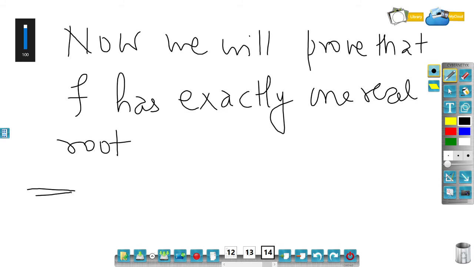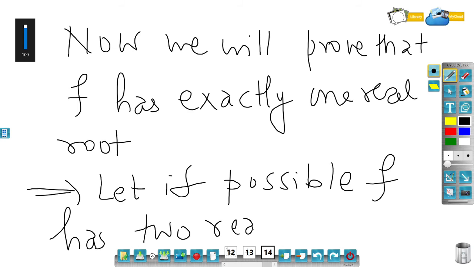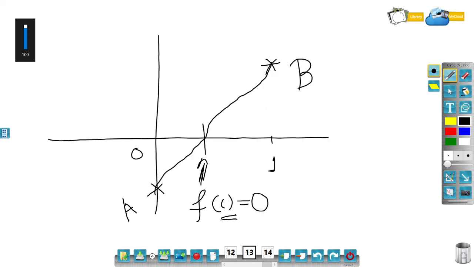So let it be possible, let's assume that f has two real roots. That is what we will assume. So because one c we already know, there must exist another root.